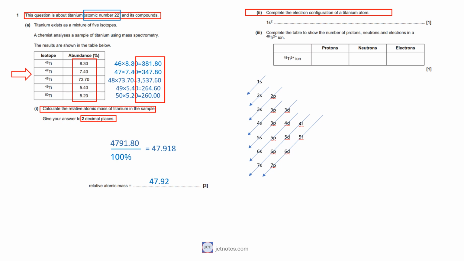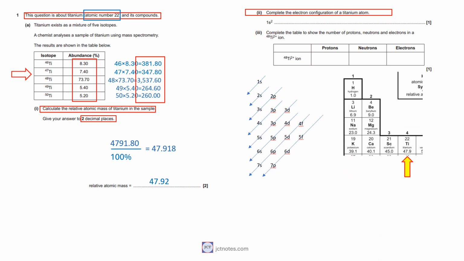Alternatively, using the periodic table, we can see that the titanium is a transition metal of the 4th period, therefore, it is going to have the orbital 4s filled and we fill the orbital 3d with 2 electrons. The answer is.